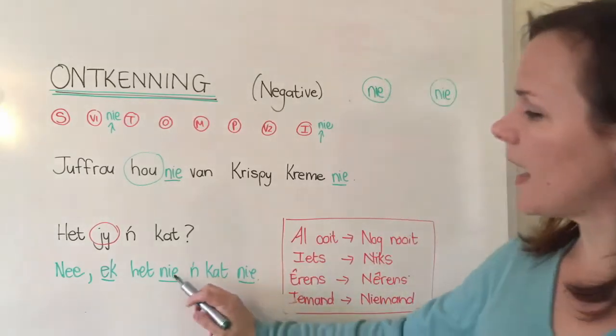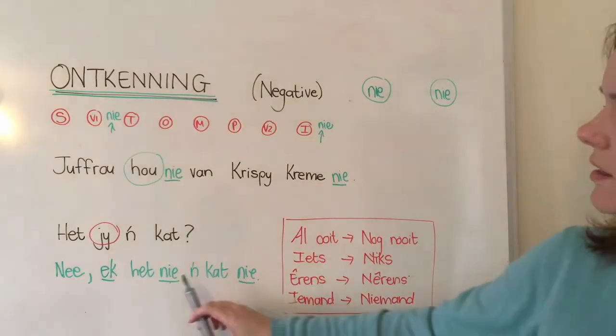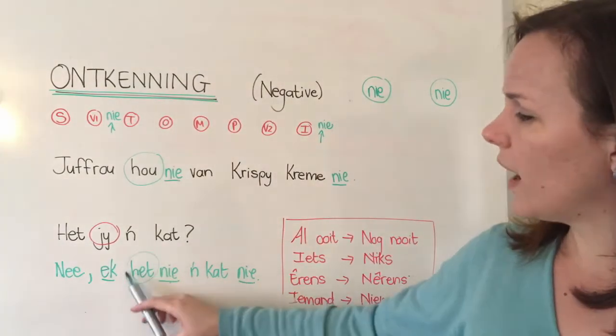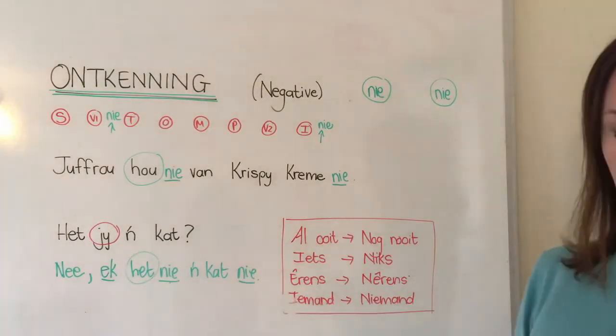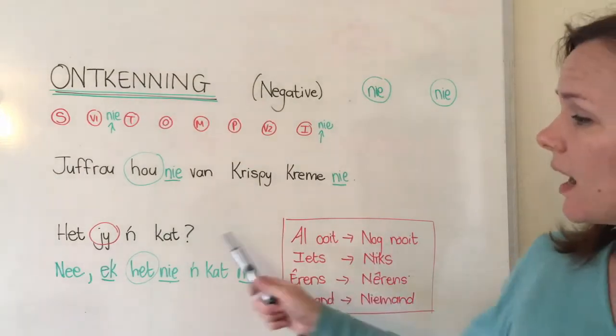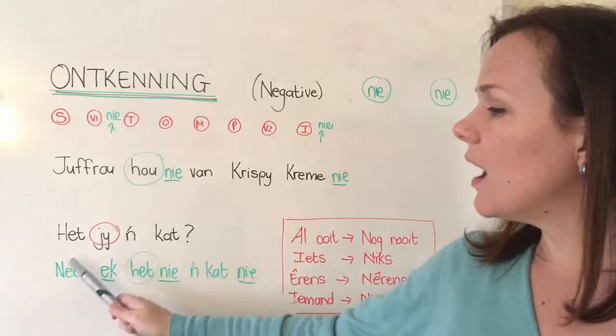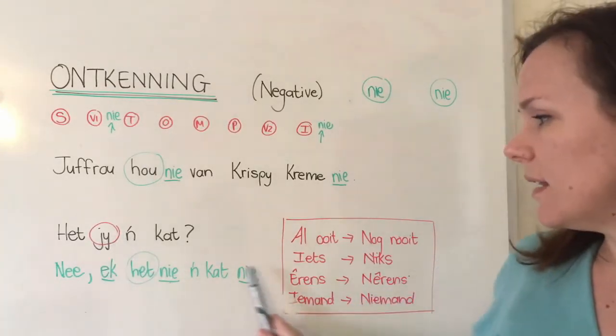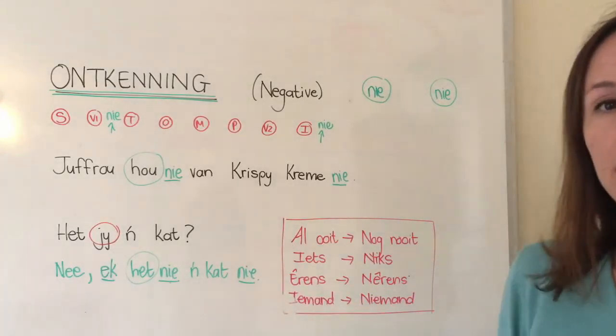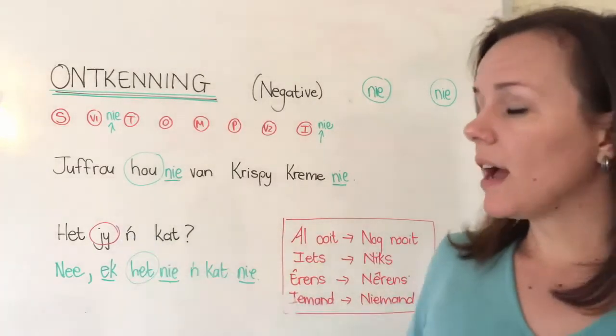So I still have my knee and my knee. The first one is after verb 1. The last one is at the end. So every time that it's a question, you have to start the answer with nee, comma, and then the rest of your negative sentence.